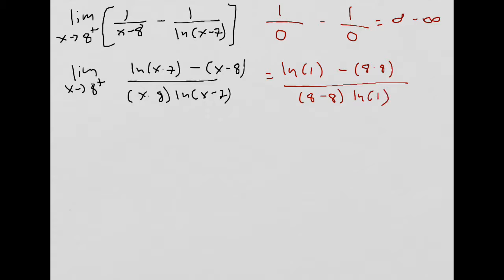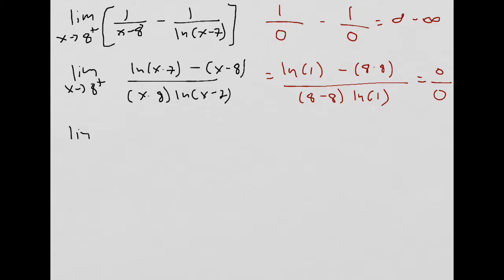So we get 0 minus 0, and then 0 times 0. Everything is going to equal 0 here, so we get 0 over 0, which is an indeterminate form. That means we can use L'Hopital's rule. We should be able to take the derivative of the numerator, whatever that is, and then we'll take the derivative of the denominator.